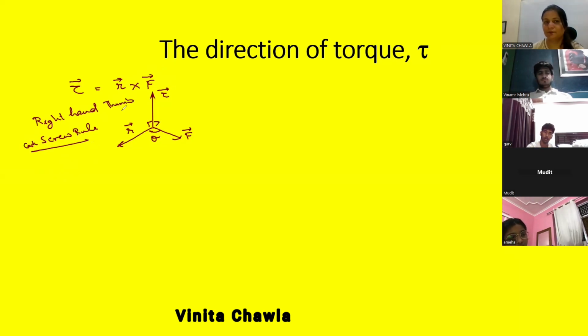How do we find the direction of torque? By right hand thumb rule. If we move from vector r to vector f, this is the direction of torque, upwards. If our r is acting in this direction and f in this direction, for r cross f, this is the direction of torque, downward.